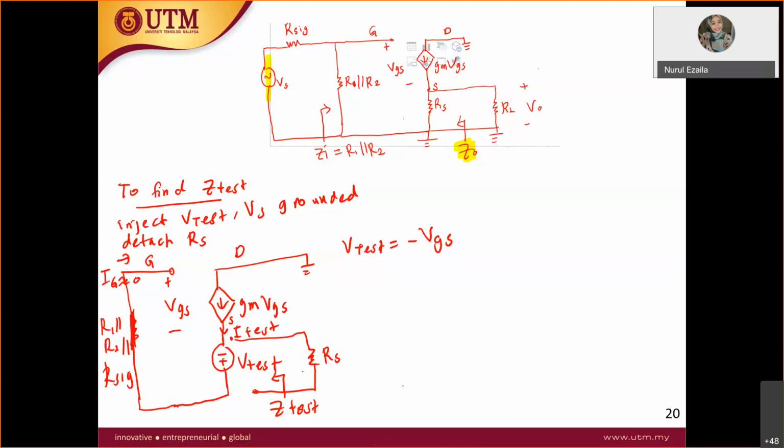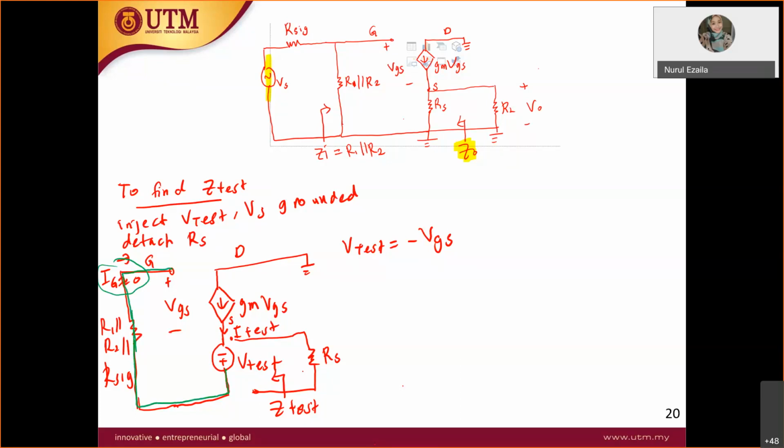So when this one is short circuit, V test over here, I need to draw in a different color. Okay, IG is 0, so this one will be short circuit, and this node of V test is connected to the plus here.